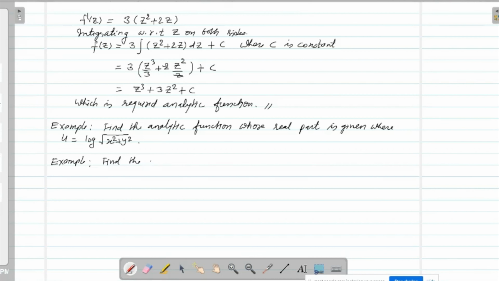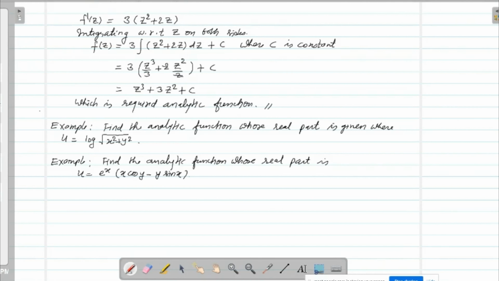Find the analytic function whose real part is u equal to e raised to x times cos y minus y sin x.